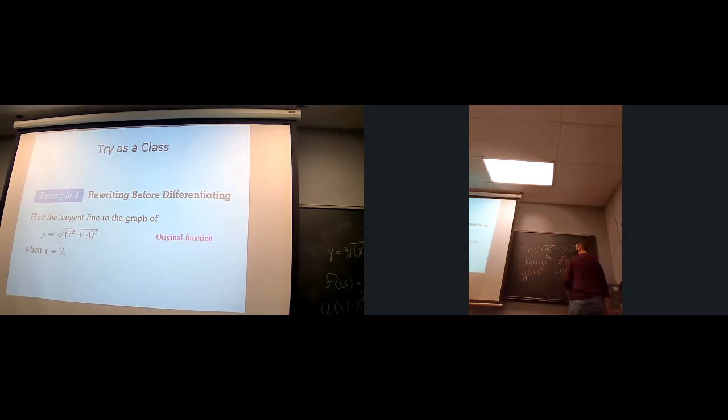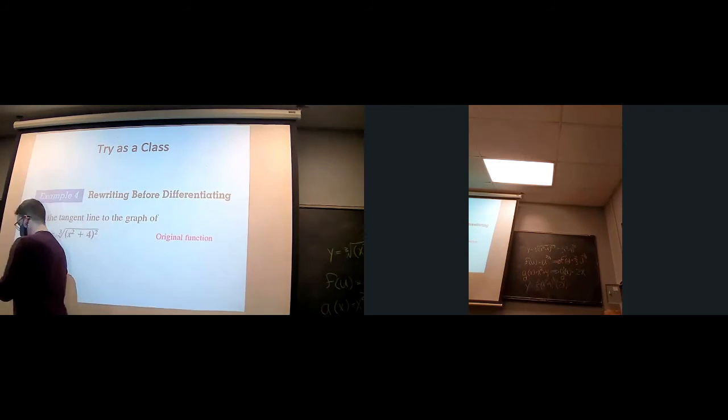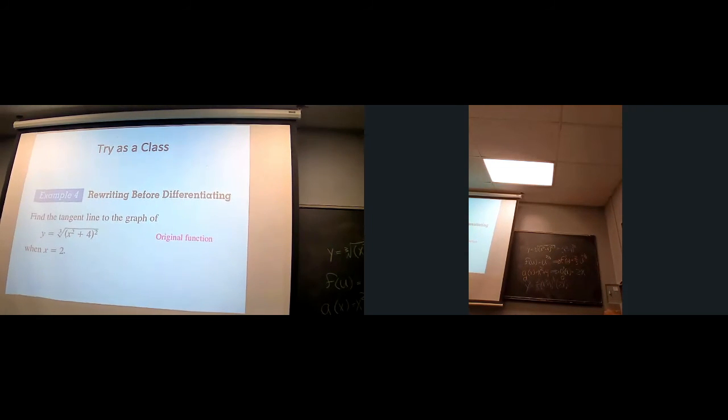So y prime is going to be 2 over 3 times x squared plus 4 raised to the negative 1 over 3 times 2x. Now we want to evaluate this at x equal to 2.